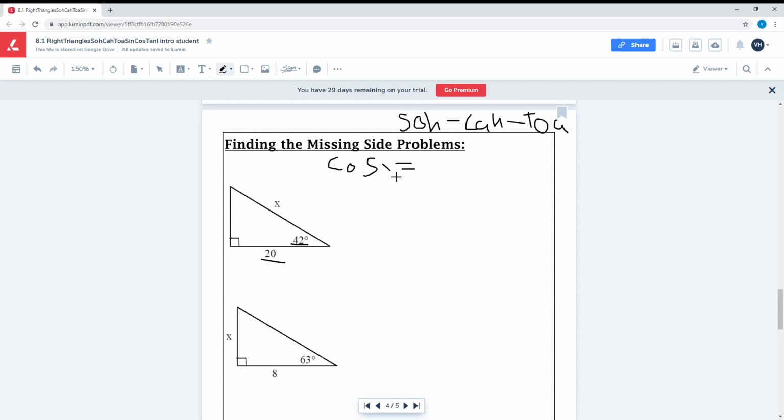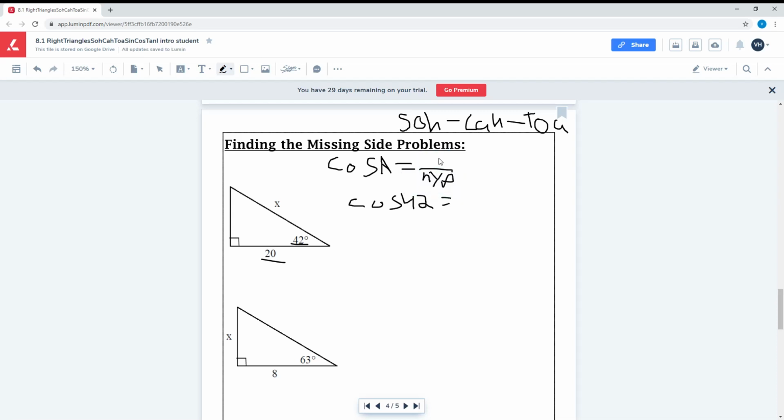equals, I'm just going to go cos A, even though we know it. Cos A equals opposite. Always write your formula, even though you might know it. Opposite over hypotenuse. So our cos 42, I just used A for angle, equals our opposite length. Oh, wow. I hope you were like, I'm sorry, but you did that wrong.